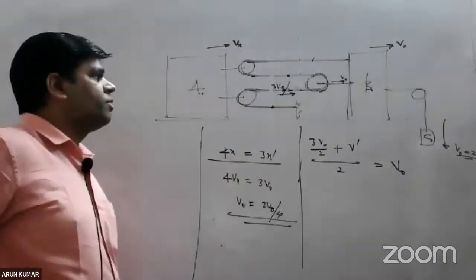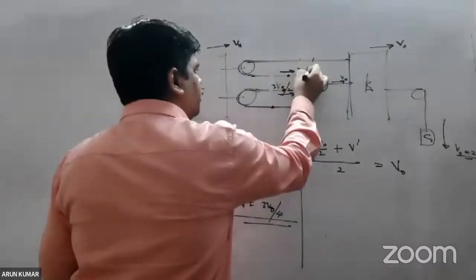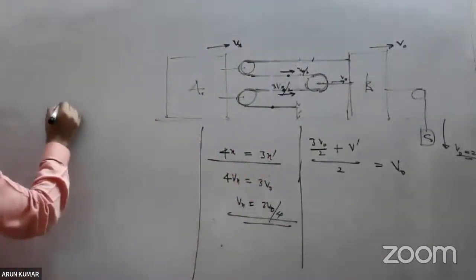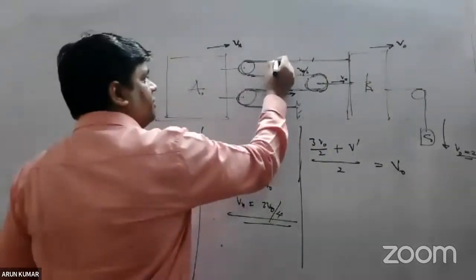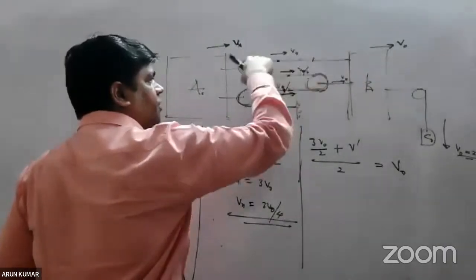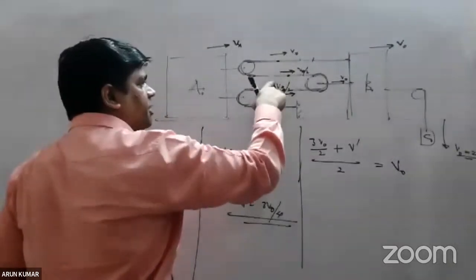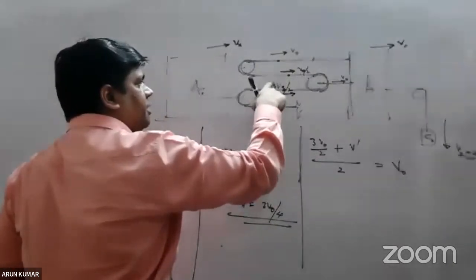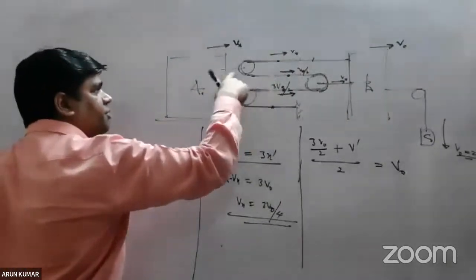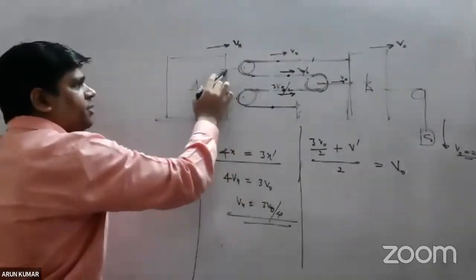Yes, sir. So V naught by 2, I got positive. That means it's going towards right with V naught by 2. Now if I use this pulley, what do I get? Vx is towards right. What is the velocity of this? V naught, because it's attached to that block. So the velocity of any point on this thing is V naught. So V naught plus V prime by 2 is equal to Vx.